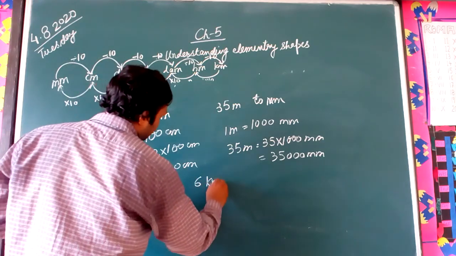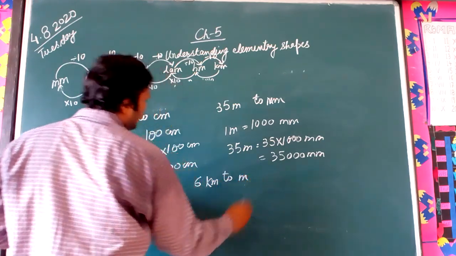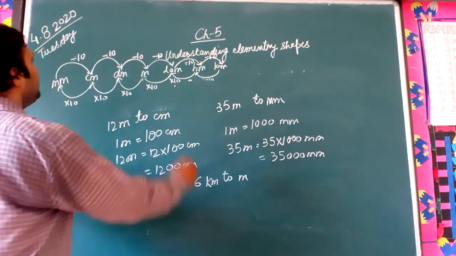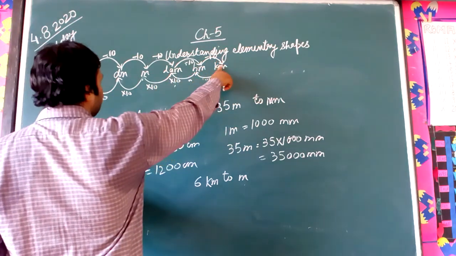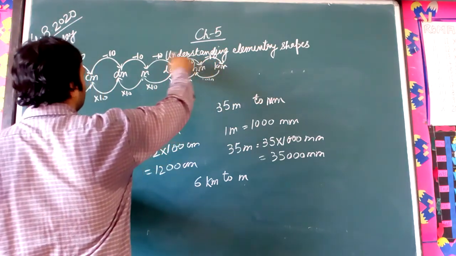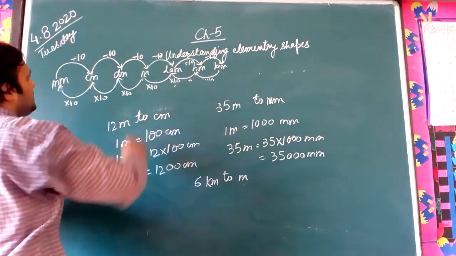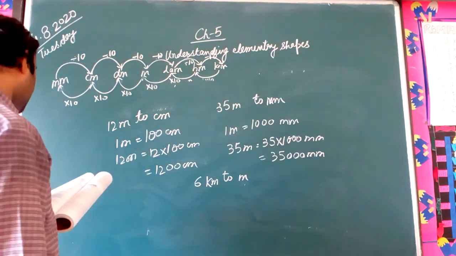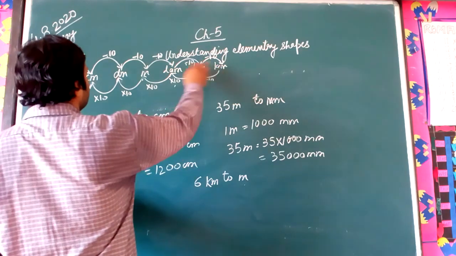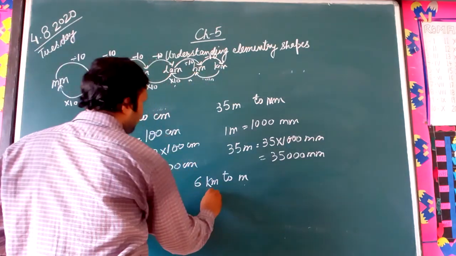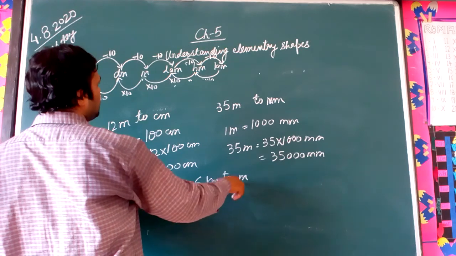6 kilometer to meter. We have to convert this to this. It means we have to multiply by 1000. This is the bigger unit, this is the smaller.